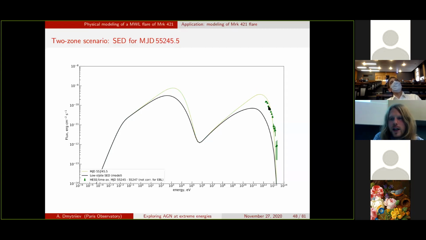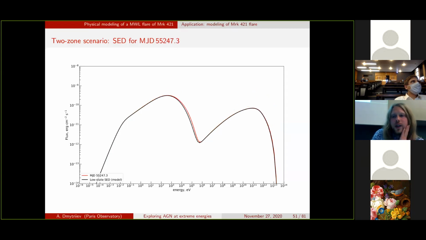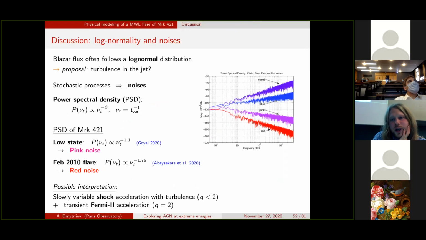The data here is H.E.S.S. time average measurements from MJD 45 to 47, so the next time step, 46.1, is right in between. We represent quite well the H.E.S.S. time average spectrum during the flare decay. Then the flare dies off, so it's fading.